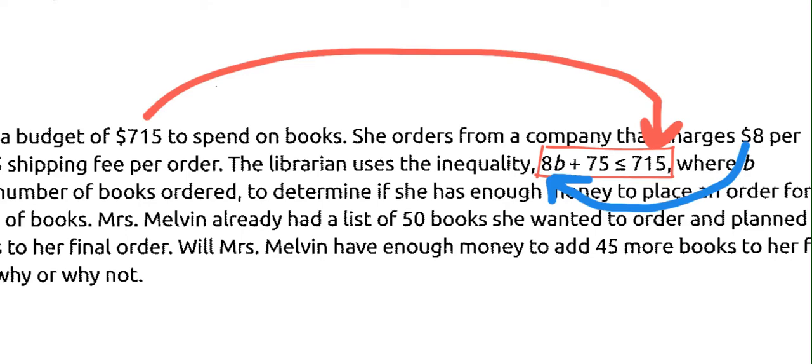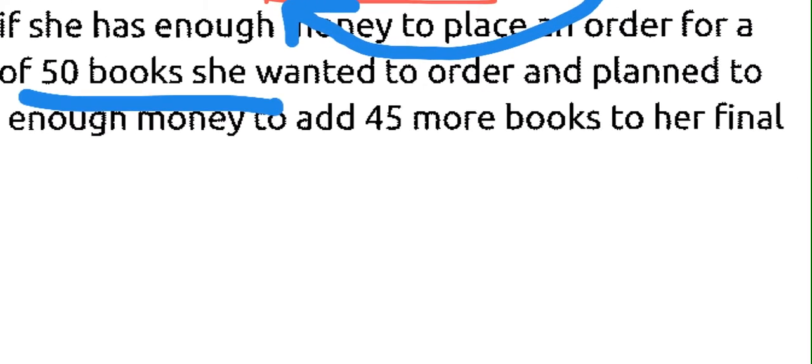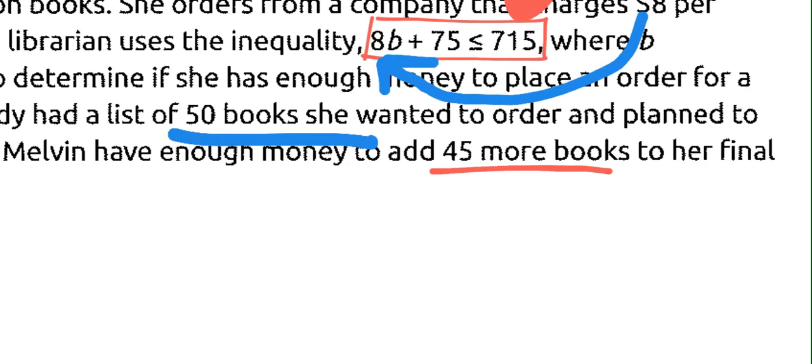But now we are just trying to figure out how many books she can order. So she's already ordered 50 books, right? And she's wanting to add another 45 on there. So if we take that 50 and that 45, if we put these two together, we have a total of 95 books that she wants to order.